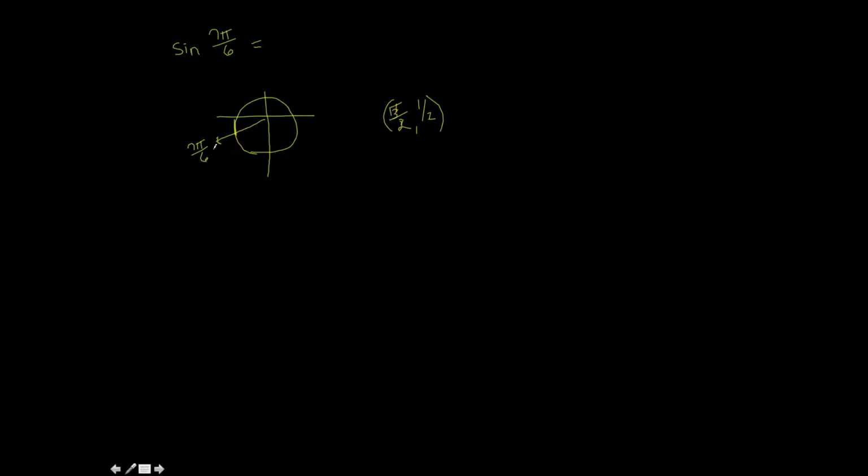So at 7 pi over 6, it's in quadrant 3, so both of these are going to be negative. Okay? So now that you know that, well, what is the sine of it? Well, remember, the sine is the b value. So if this is a, this is b, negative 1/2 would be our answer.